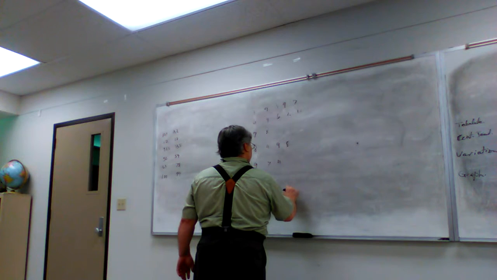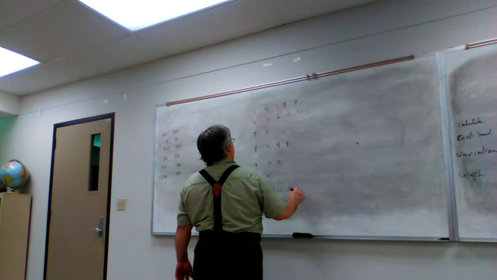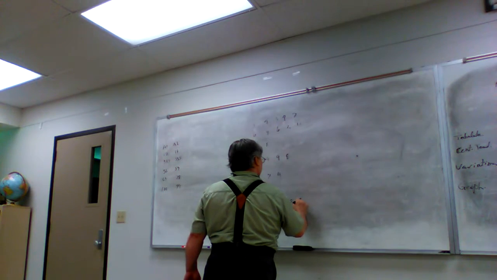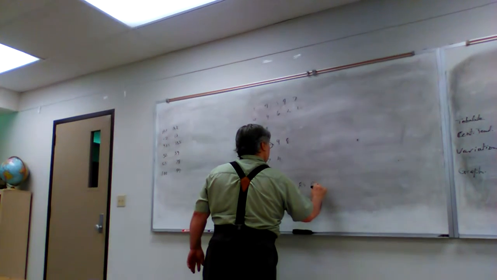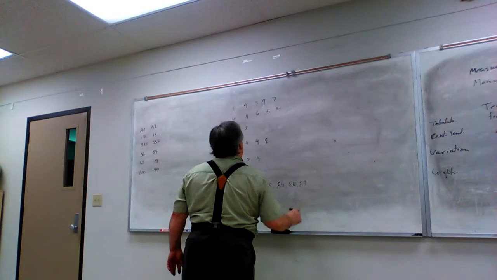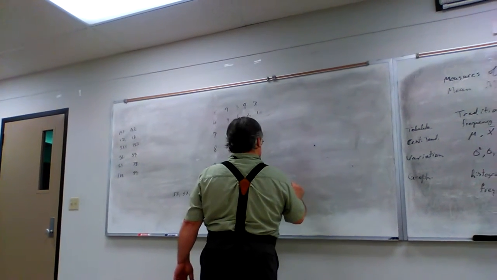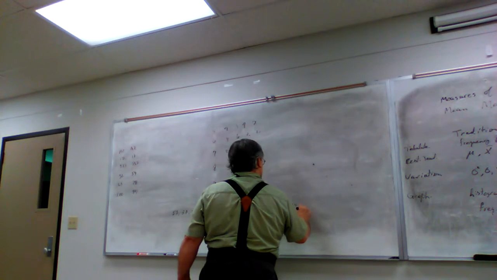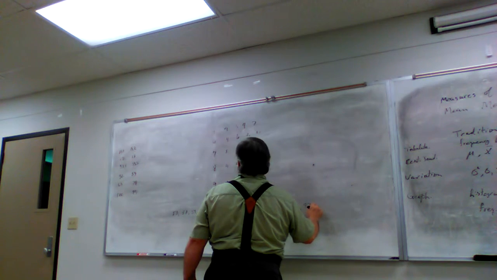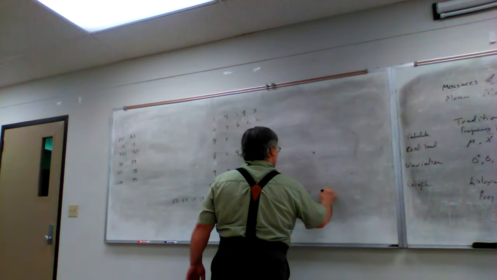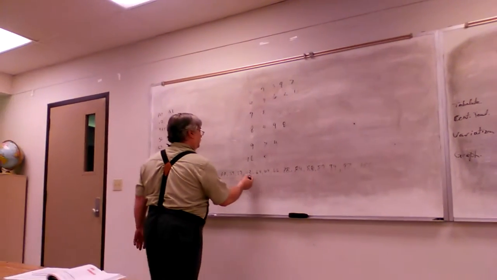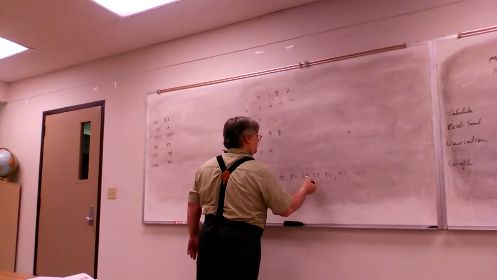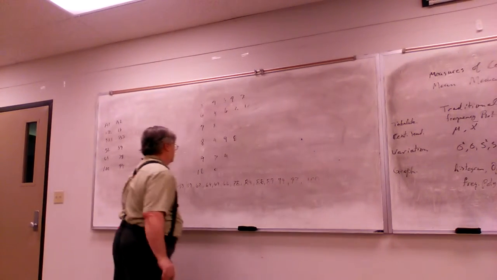And then a 78. And then an 84. 88. And an 89. And a 94. And a 97. And a 100. Now, is that 15? 1, 2, 3, 4, 5, 6, 7, 8, 9, 10, 11, 12, 13, 14, 15.